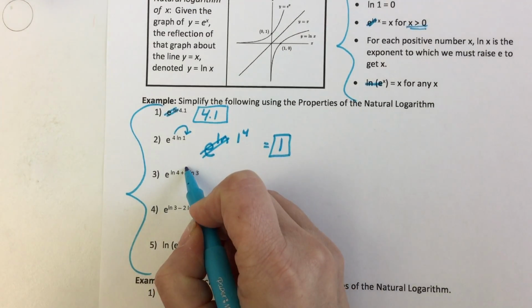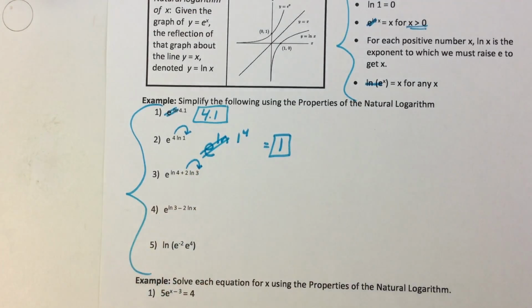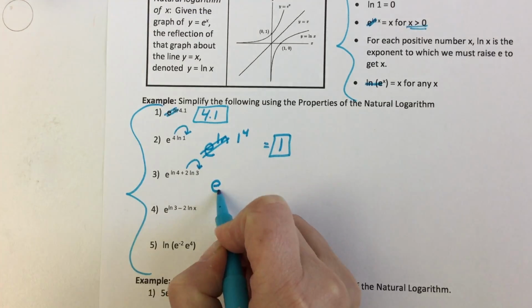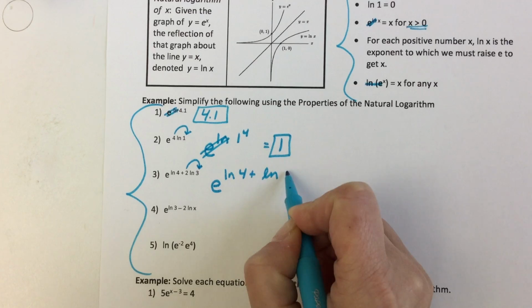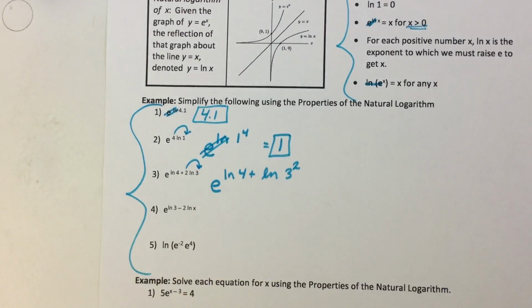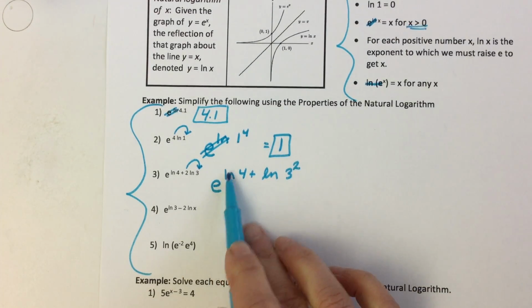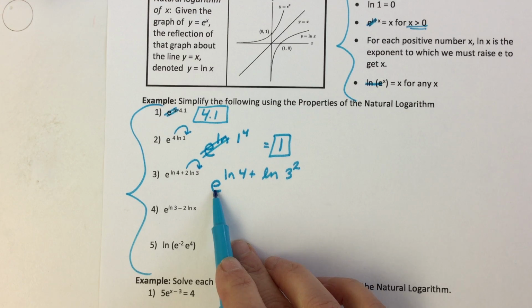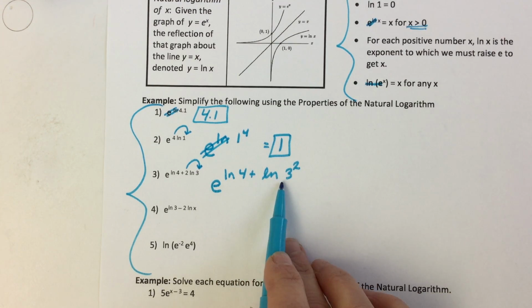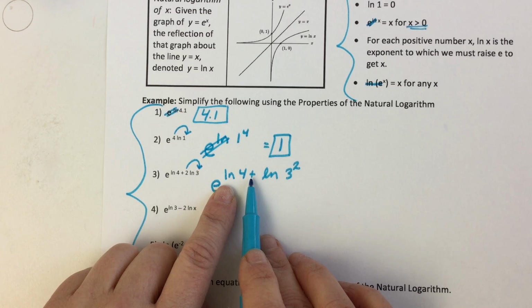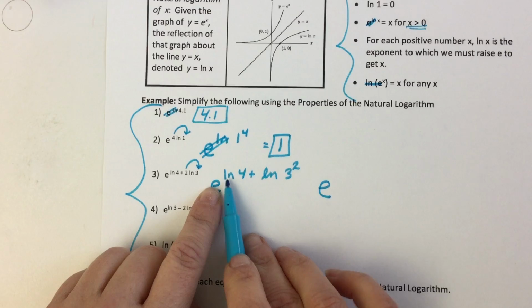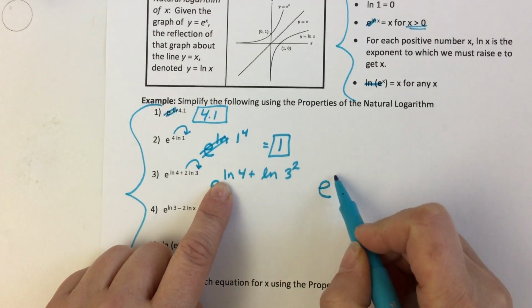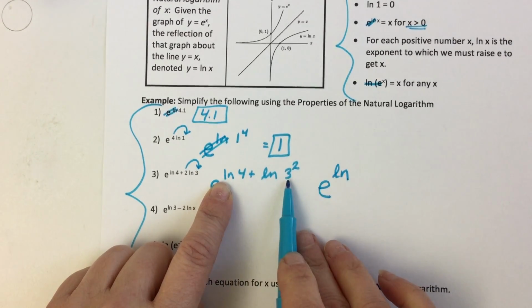Same thing here. If you have a number in front of a natural log, it is an exponent. So this is equivalent to e to the natural log of 4 plus the natural log of 3 squared. Before I cancel this out, I can go ahead and cancel this, but that would be kind of pointless because we'd still have a natural log. I can condense these. Remember, adding goes with multiplying. So I would have e to the natural log, because this is a natural log and this is a natural log, I can write it as 1.